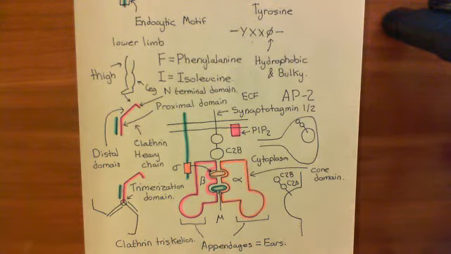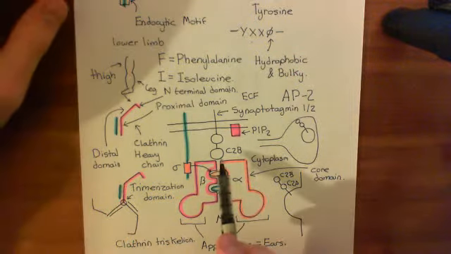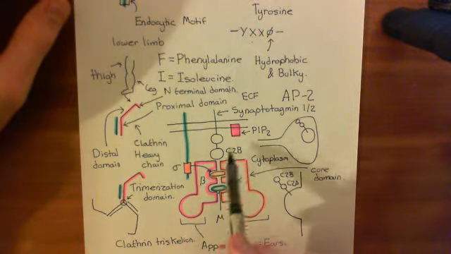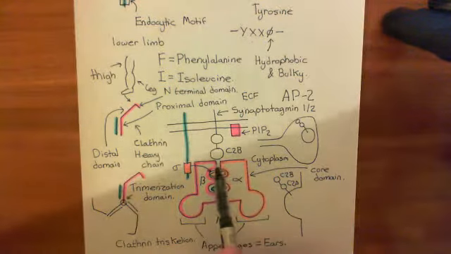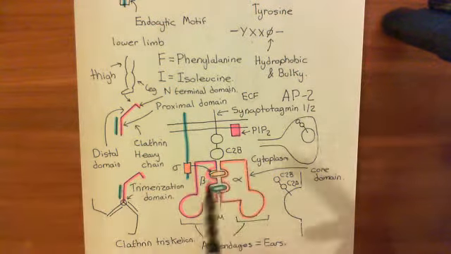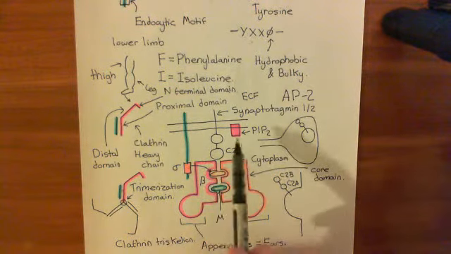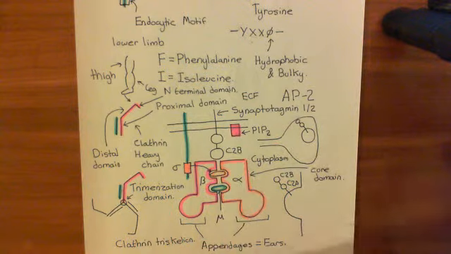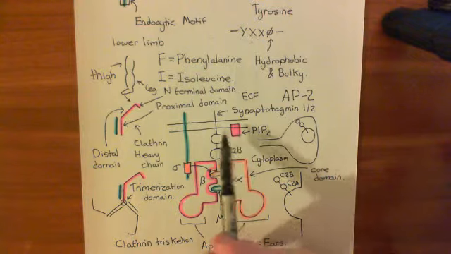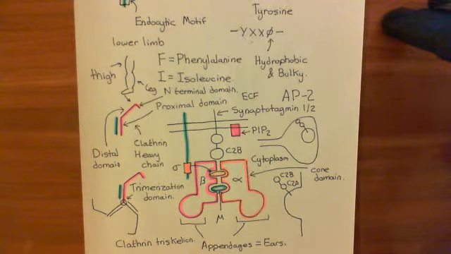Now, the adapter protein complex 2 is recruited to the plasma membrane by binding to the C2b domain of synaptotagmin here. And that interaction between the C2b domain and the adapter protein complex 2 is enhanced by the presence of the phosphatidylinositol 4,5-bisphosphate molecule within the plasma membrane.